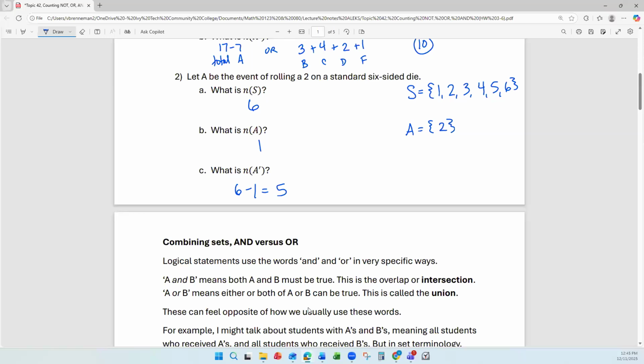You could list out A prime, or not A, as 1, 3, 4, 5, 6, and count those. But if it was rolling a 100-sided die, rolling a 2 would still have that one element. It'd be a lot easier to just take 100 minus 1 than to try and list out and count all the other things other than the 2.